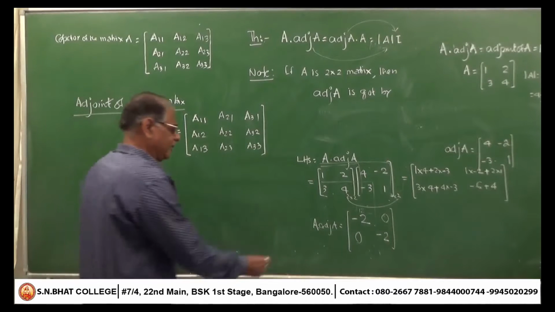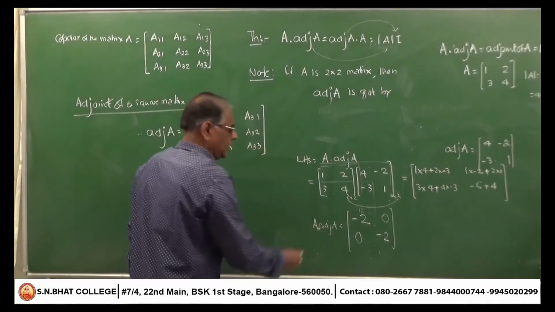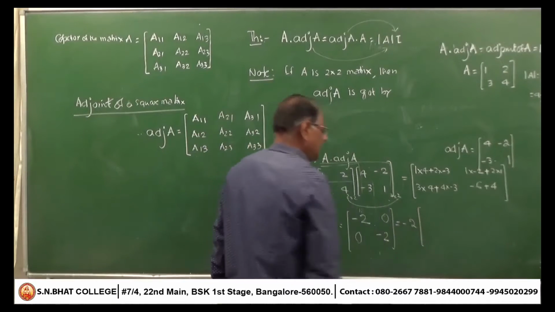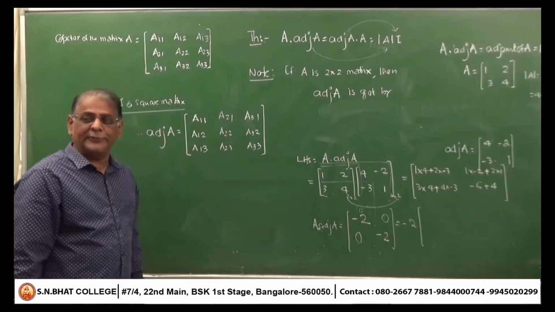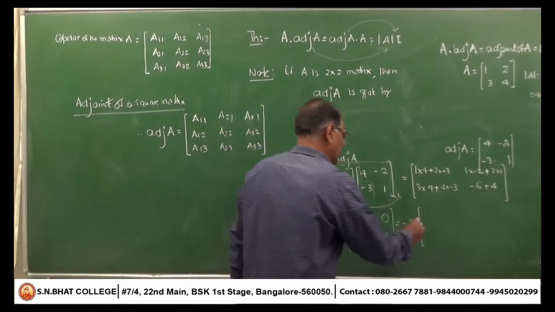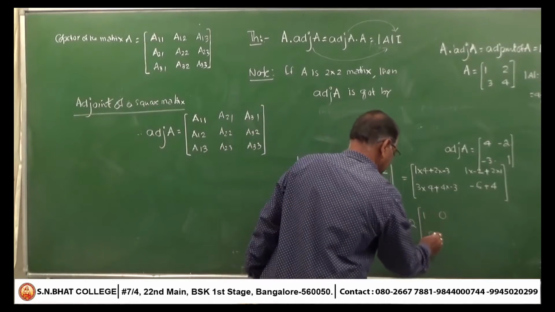Common factor is minus 2 in each element. If I take minus 2 common, we get 1, 0, 0, 1.